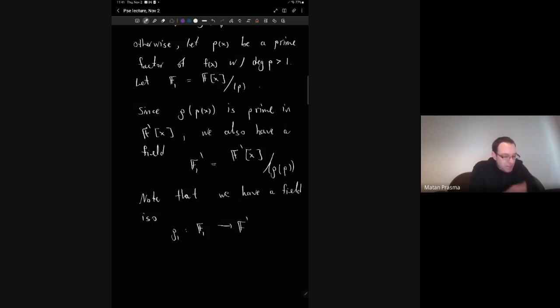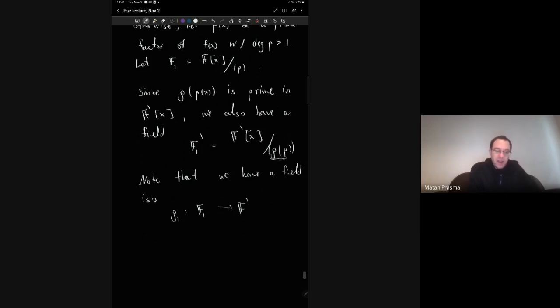I mean, you take any remainder polynomial in F, and you apply rho on the coefficients, and you get a remainder polynomial modulo rho of p. Okay. If you want, we can check the details of why this is a field isomorphism.